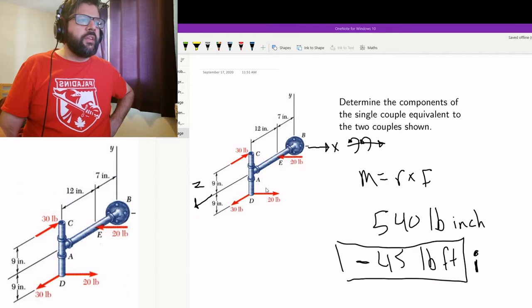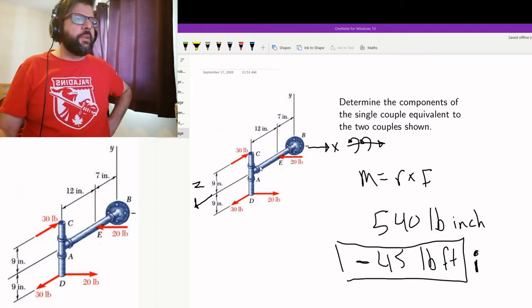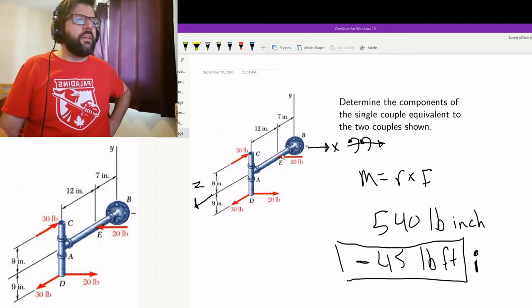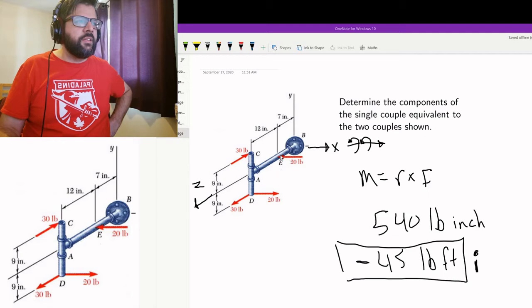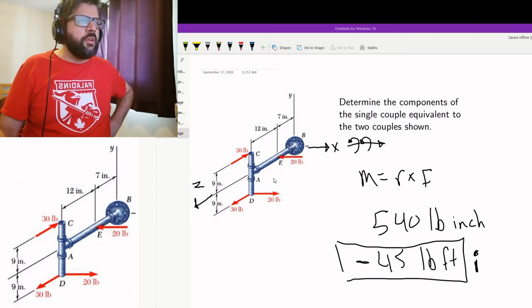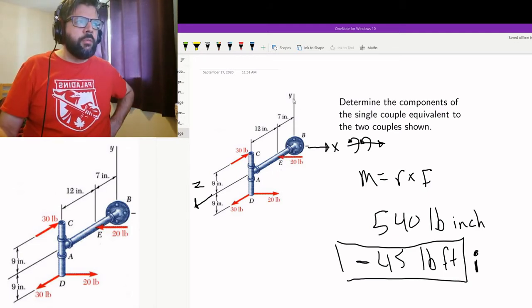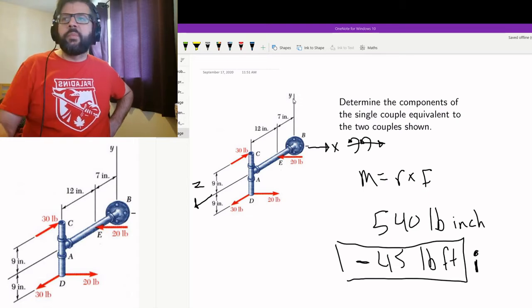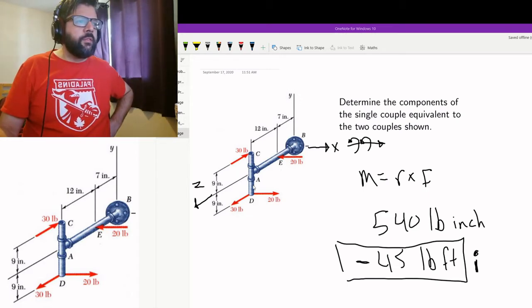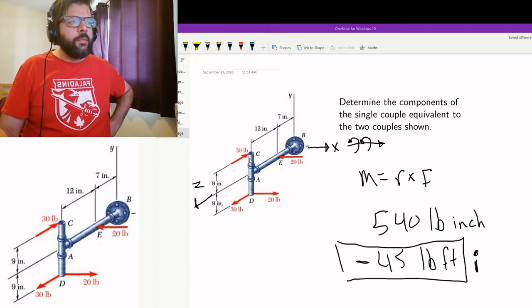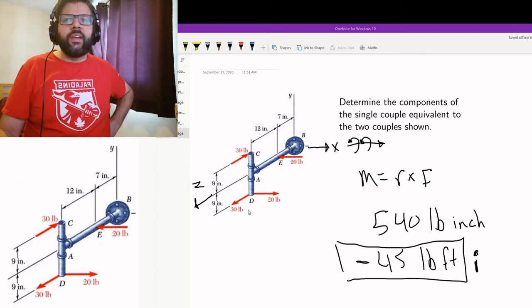But unfortunately, it's not quite as simple as the previous one, because it's not acting in a plane that is parallel to one of the prime planes. The original one was acting in the YZ plane because there was no offset between these 30-pound forces in the x direction.